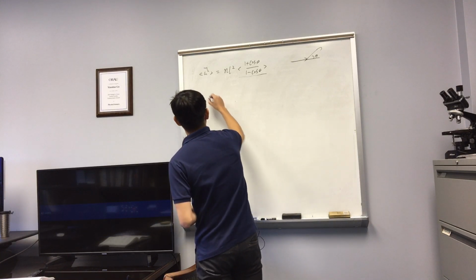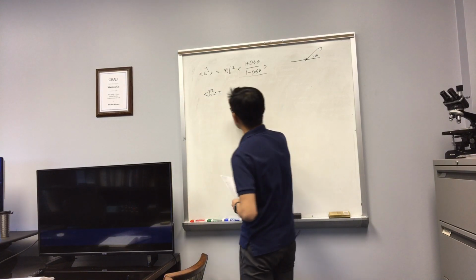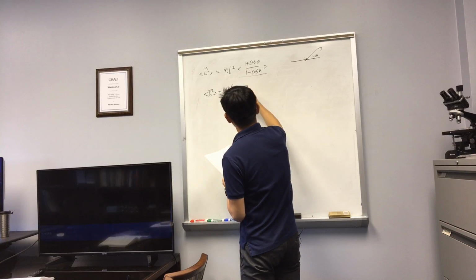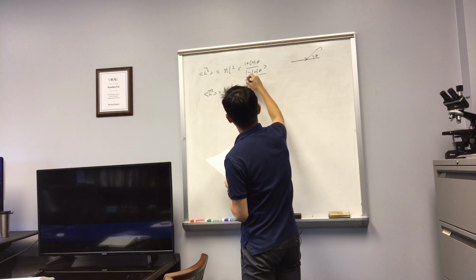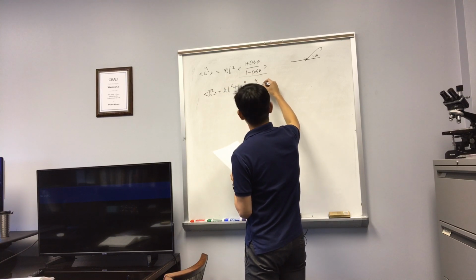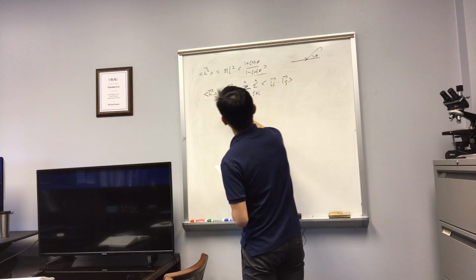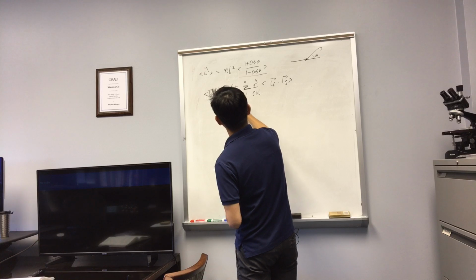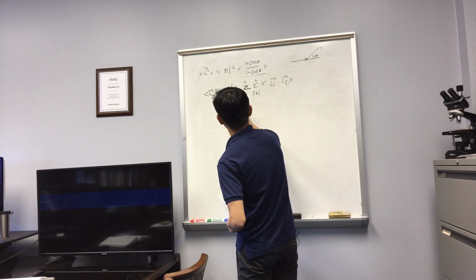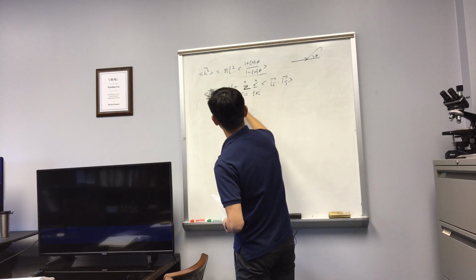So we talked about how, generally, h square, the average end-to-end distance square, is going to be equal to n l square plus the sum over i equals 1 to n, j not equal to i, to n, of li dot lj. We call the first the self term, where li dot li will be, right?